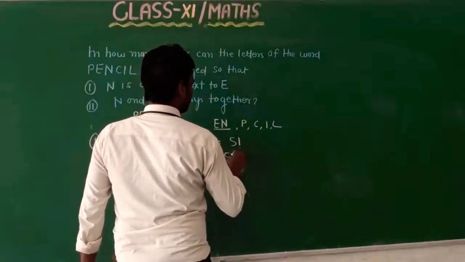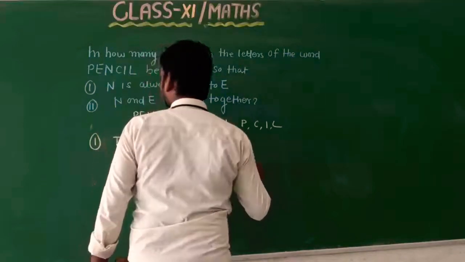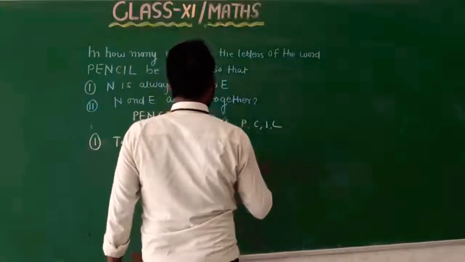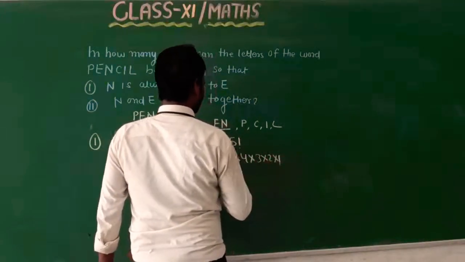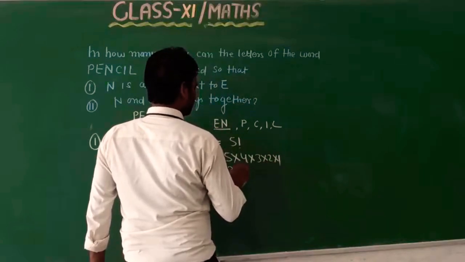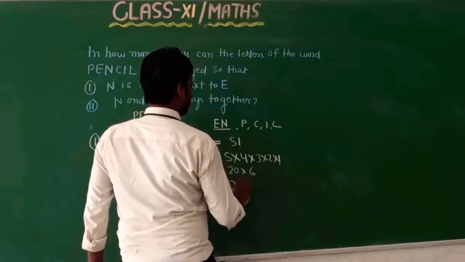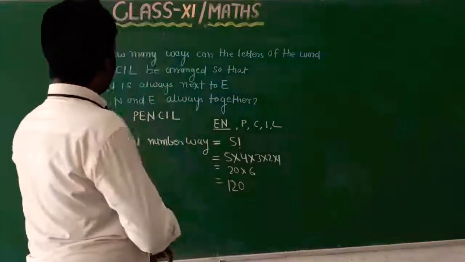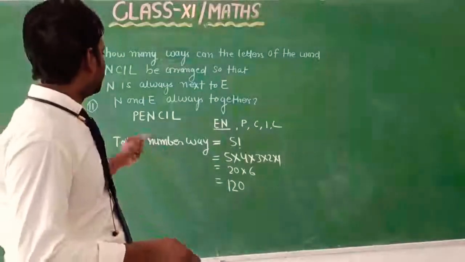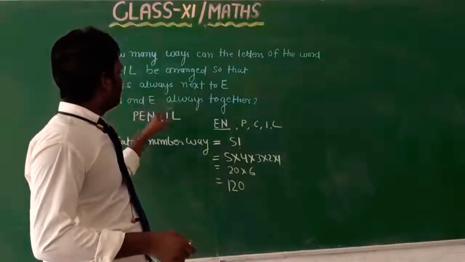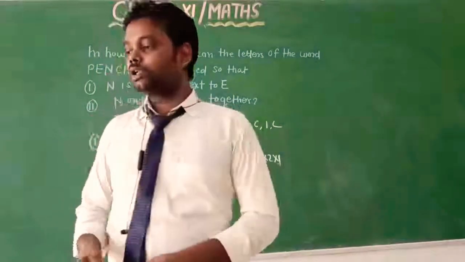So this will be 5 into 4 into 3 into 2 into 1. Okay, 5 times 4 is 20 and 6 is equal to 120. So the total number of ways of arranging the letters of the word pencil when N is always next to E is equal to 120.